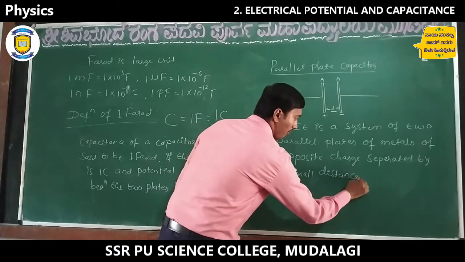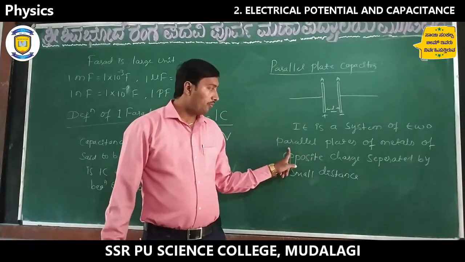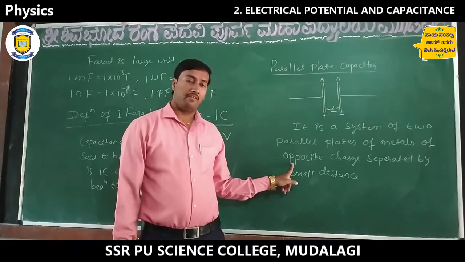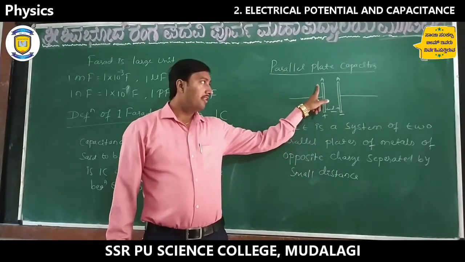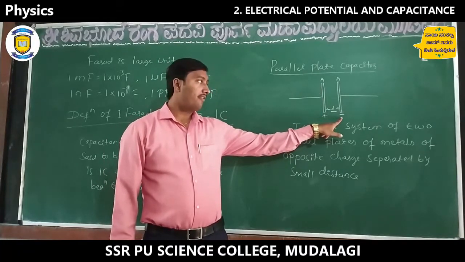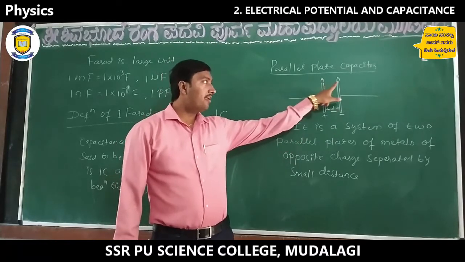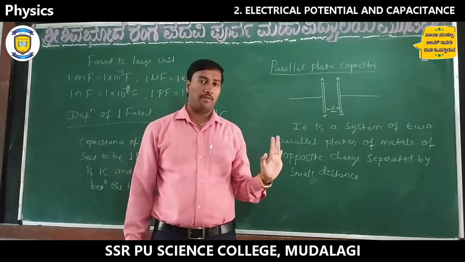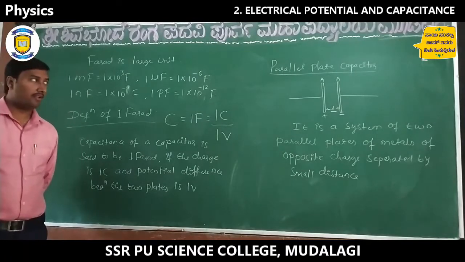This small distance is d. Look once again, the two metal plates have different charge, one is plus and the other is minus, separated by a small distance d, and the areas of both the plates are the same. So this is about the parallel plate capacitor.